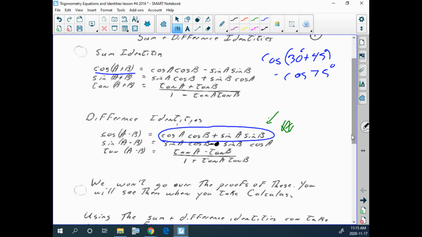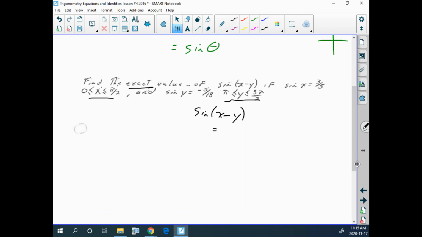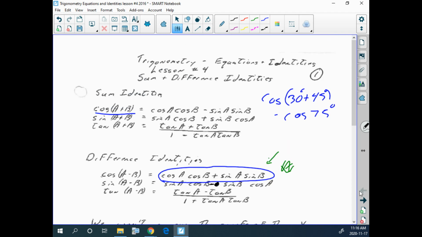It is positive for cosine, but it stays the same for sine. So in this case, sine x cos y minus sine y cos x, and I am going to go back to make sure I've written that down correctly. Yes, I have.